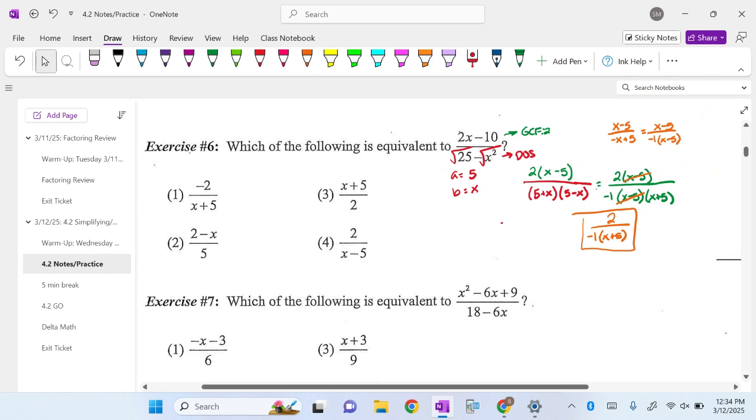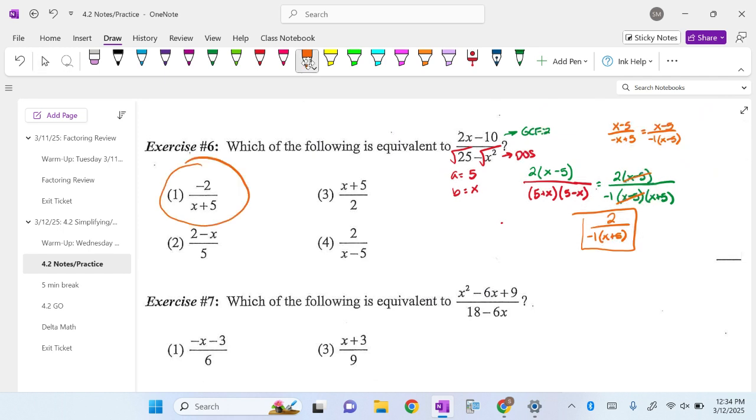Number 1. Why is number 1 the equivalent? Well, what's 2 divided by negative 1? Negative 2. So this is the same. If I simplified this fraction, 2 divided by negative 1 is negative 2 over x plus 5. So that's why it's number 1.